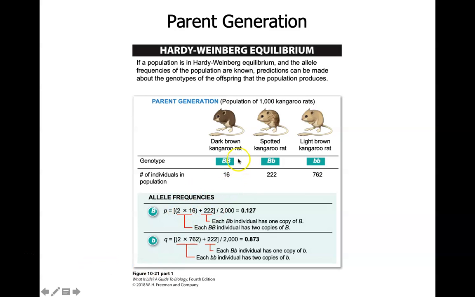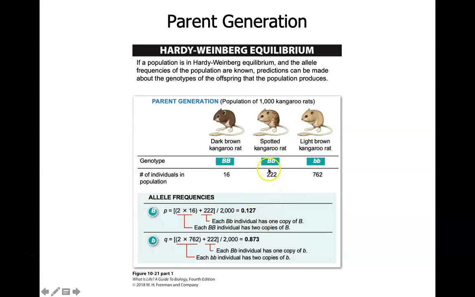So we have 16 individuals who are dark brown, 16 individuals times 2 alleles each. Each dark brown individual has 2 copies of big B. That's why we multiply this one by 2. We also have these kangaroo rats that have 1 B allele. There are 222 spotted individuals, so there are 222 big B alleles and 222 little b alleles.